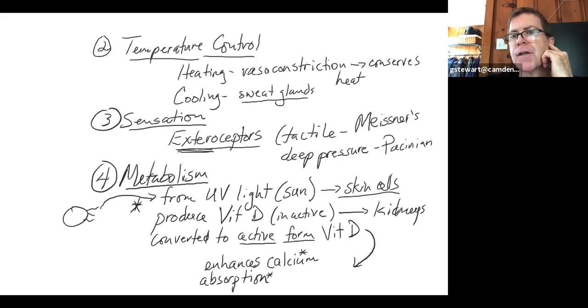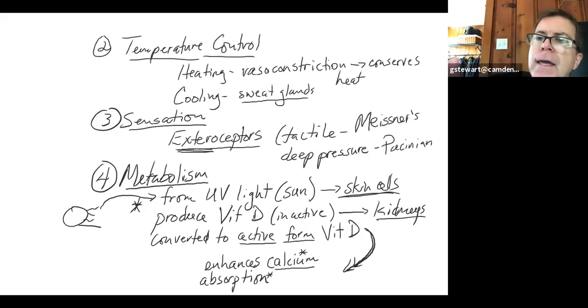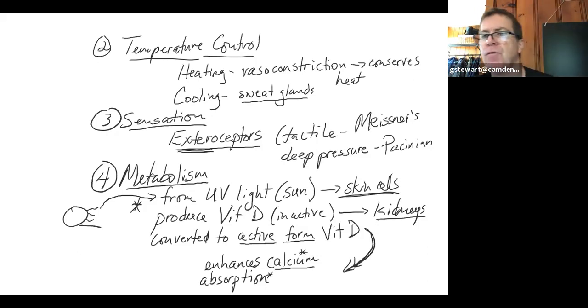But the chain of reaction goes UV light from the sun, skin cells produce vitamin D in an inactive form, kidneys convert that to an active form of vitamin D. Without the active form of vitamin D, our intestine doesn't absorb the calcium that we ingest, and we don't get enough calcium into our system, which is why we have fortified most of our calcium products that we ingest with vitamin D.